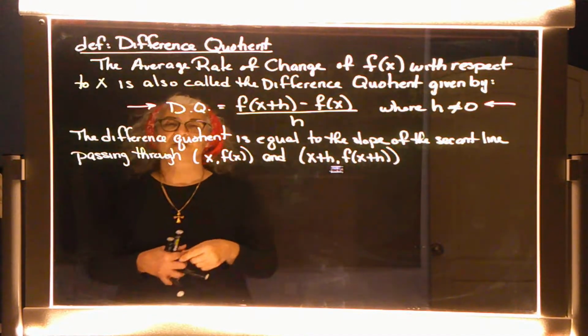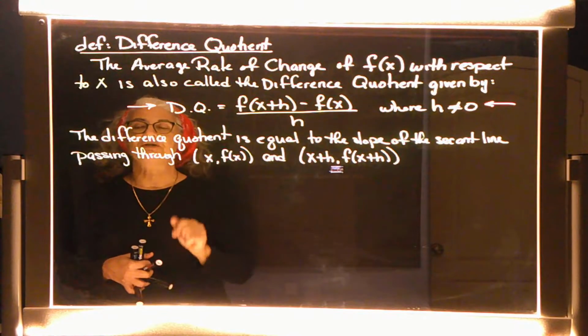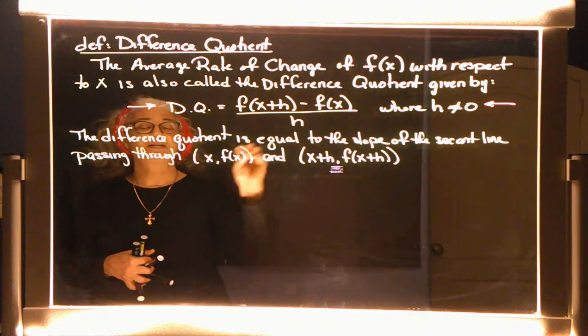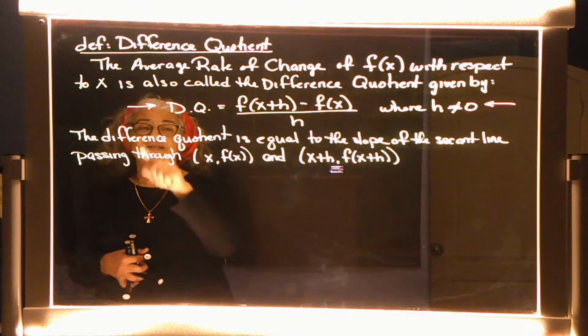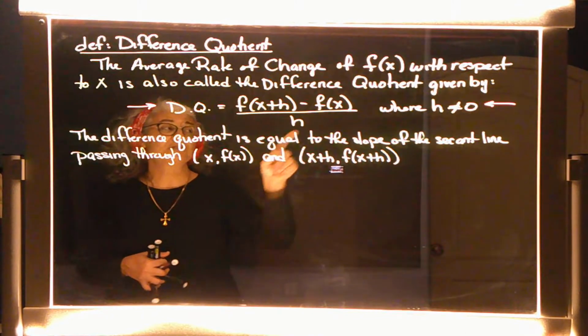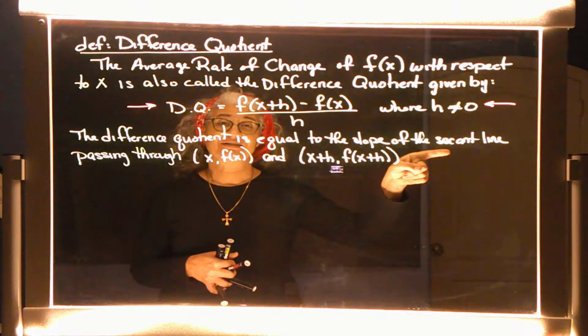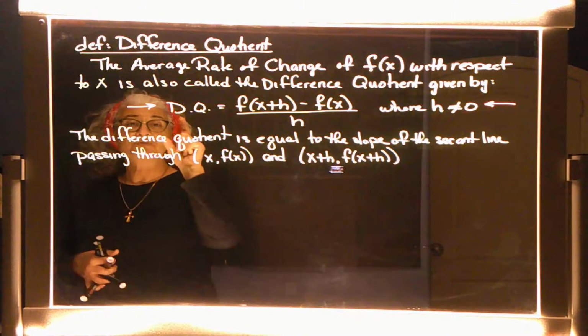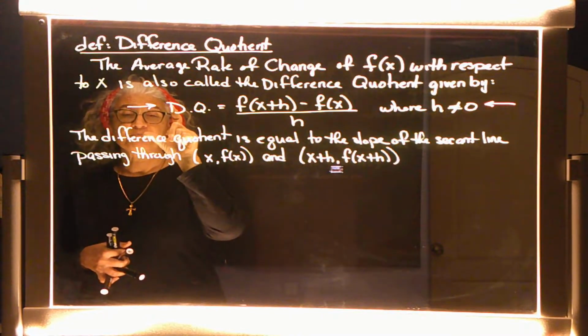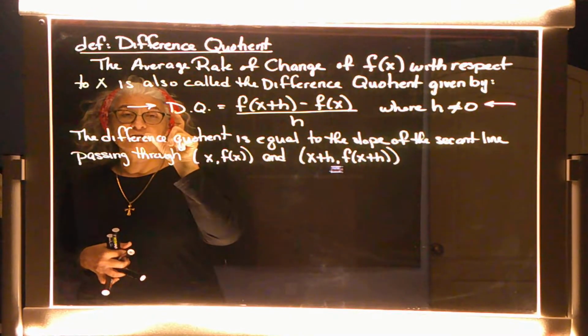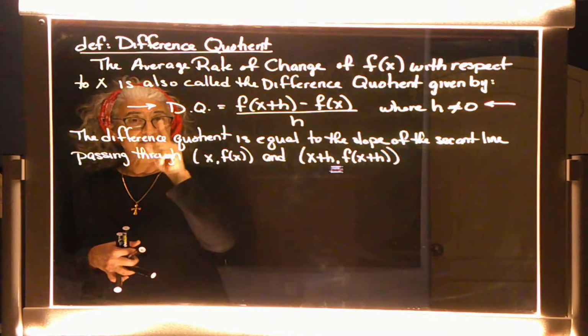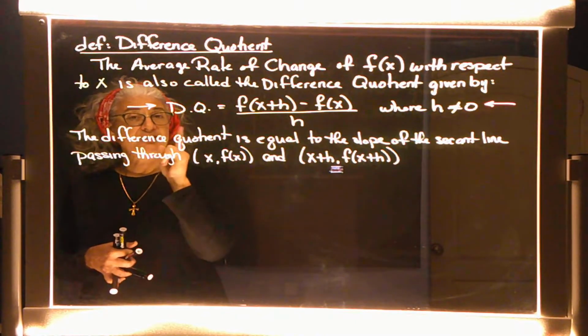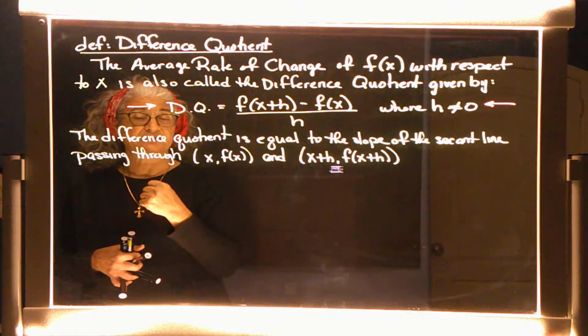Cool? Like, wait, how'd they get that? Hold on. This part of the definition is quite important. The difference quotient is equal to the slope of the secant line. Remember, when you choose those 2 points on the curve and you draw the line through it, that's called the secant line, right? And so it's passing through 2 points, isn't it?